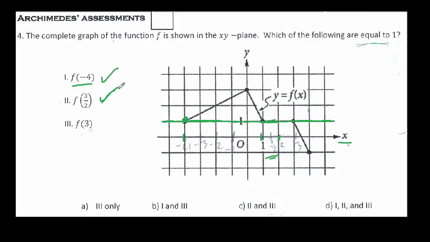So that one also works. And now we're going to look at f of 3. When we plug in 3, what do we get? That is also at 1. So that one also works. So our answer, since we have multiple choice, our answer is D, 1, 2, and 3. They all work on this graph. When we plug them in, the output value is 1.